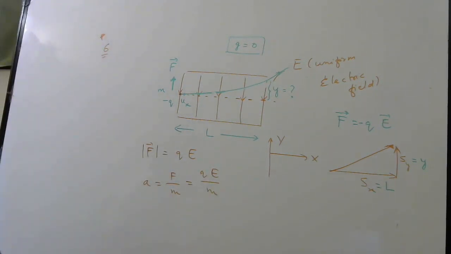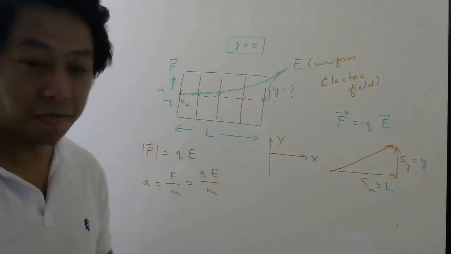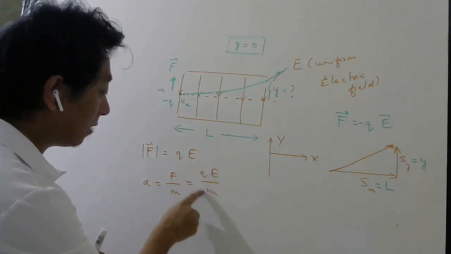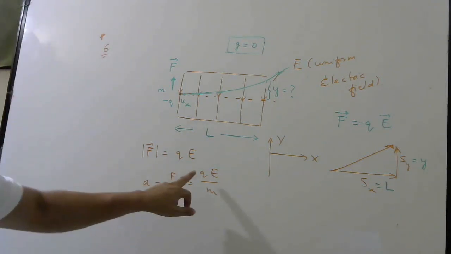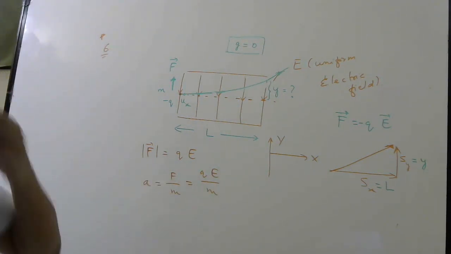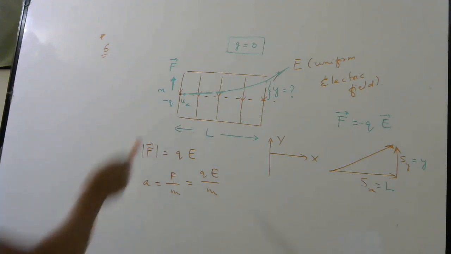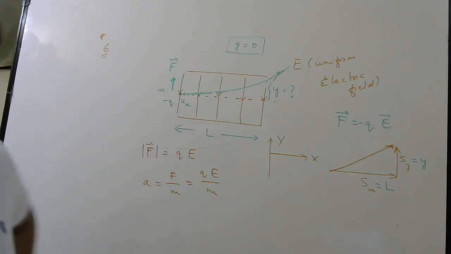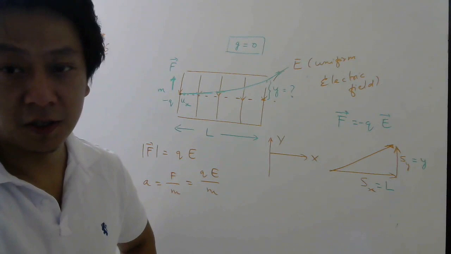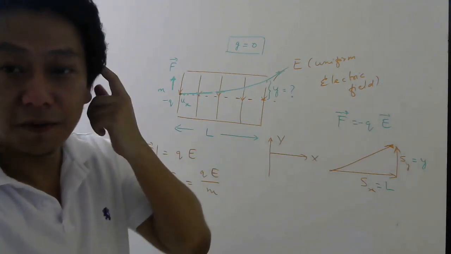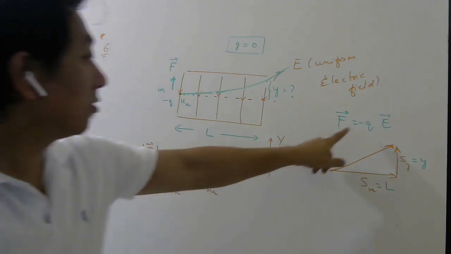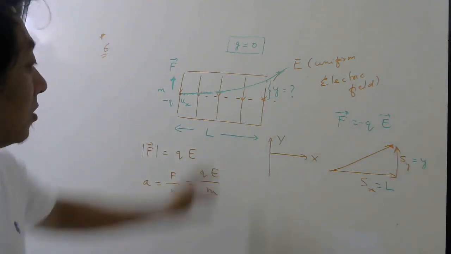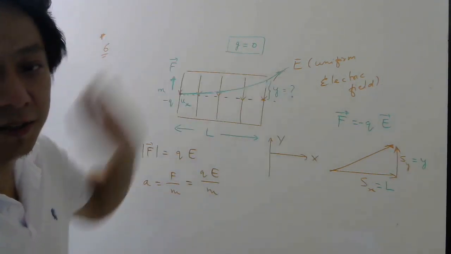In first PU the force used to be mg, so if you put mg here, m will cancel, and the acceleration will be g. But here it will be QE divided by m, because the force that the particle feels is not gravitational force, it is electrostatic force, which is given by the QE formula. Clear or not, students? I write the magnitude because I don't want the minus sign in the problem, we only want the deflection.